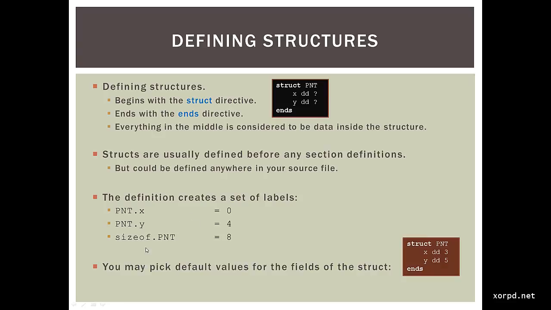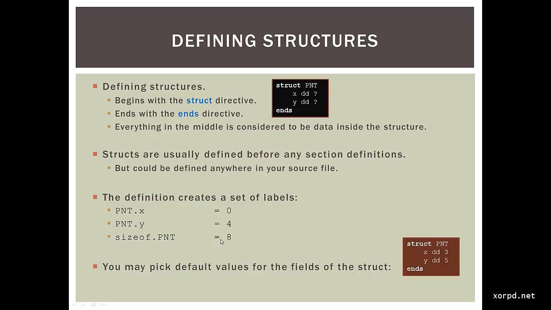sizeof.pnt, you can think about it as some kind of a constant, which is the total size of the structure. Why 8? Here in this example we have x, which is of size 4 bytes, and y, which is of size 4 bytes. Together we get 8 bytes. So this is the size of PNT.